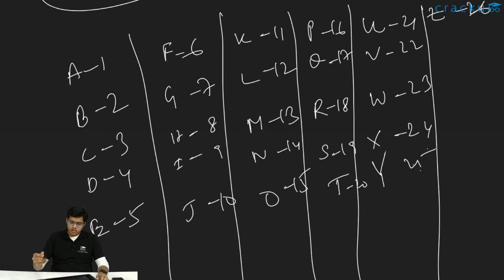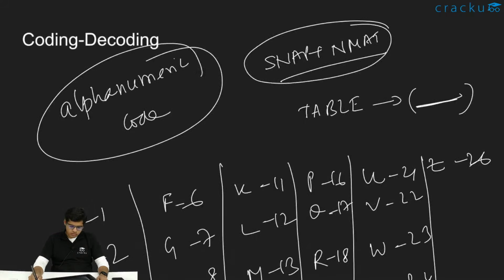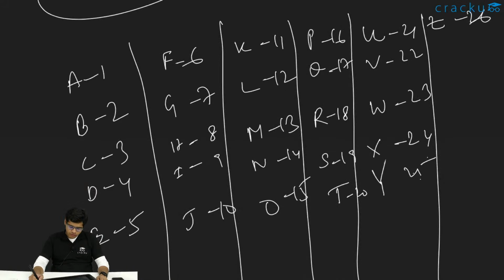These are the positional values we have. Now, say the value of T is 20. We do some calculations, some manipulations, and we code this T into some other letter. We will see examples in the questions.